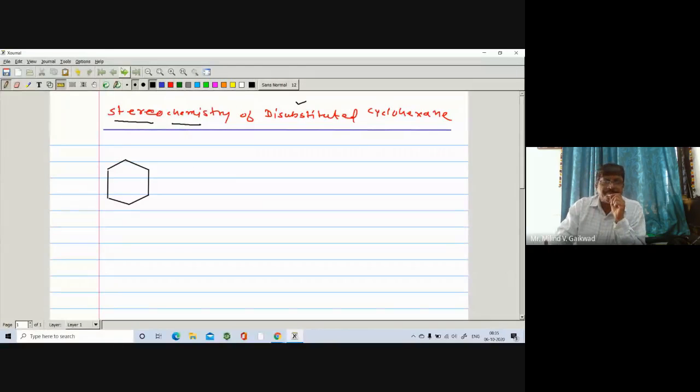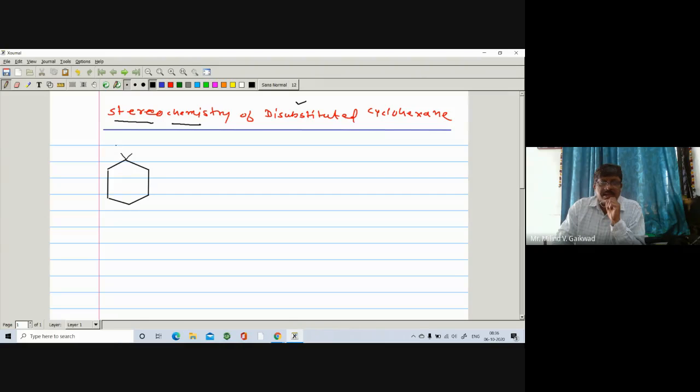This is your cyclohexane. And in the cyclohexane, you know there are two hydrogen atoms on each carbon atom.